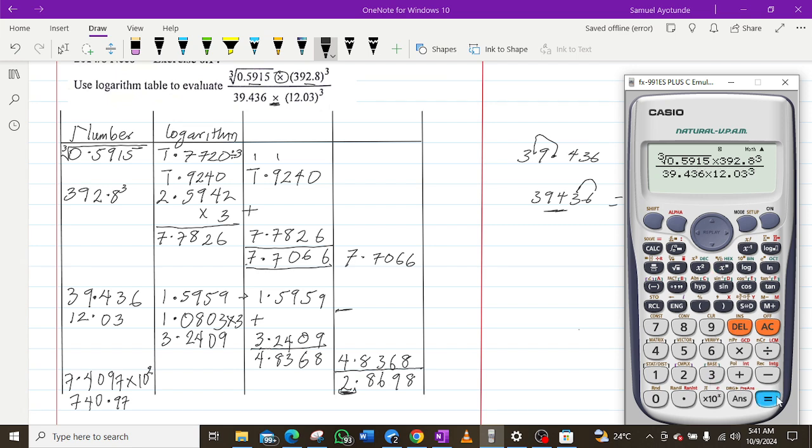So what do we have from here? 740.98. That's relatively close to 740.97. So 740.98 is correct. That means all we have done on this is absolutely correct.